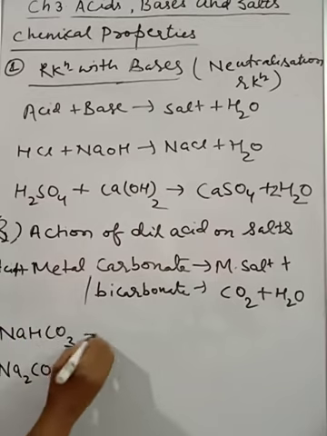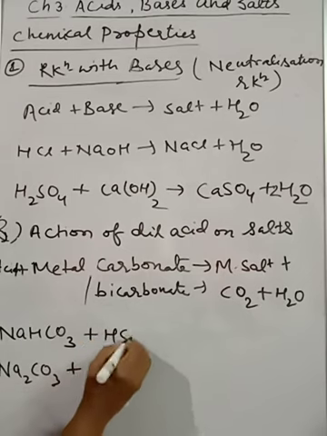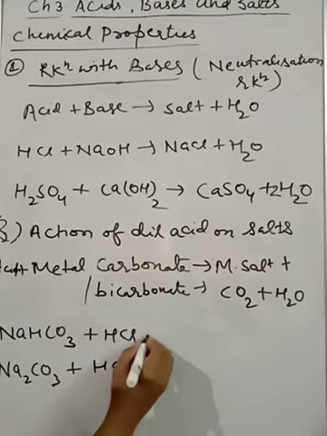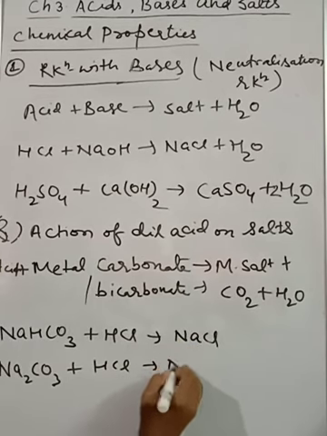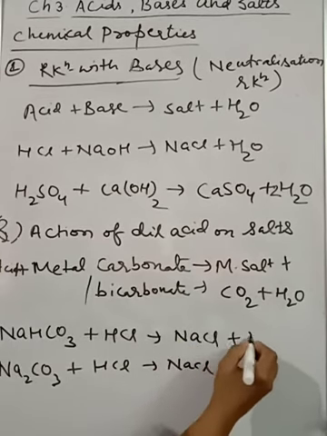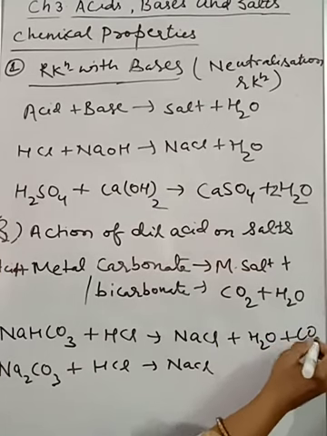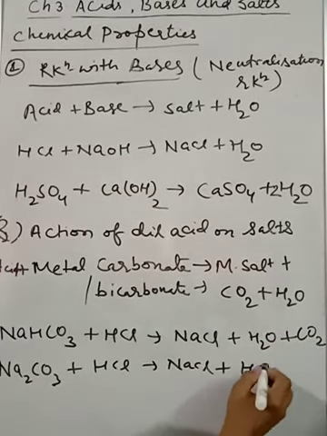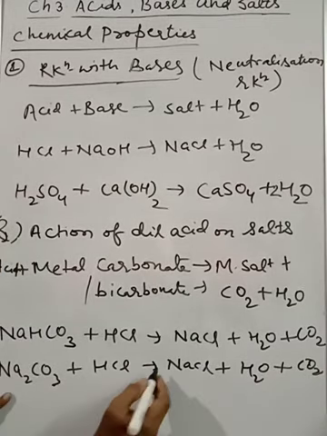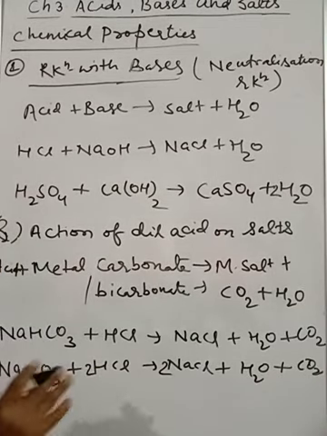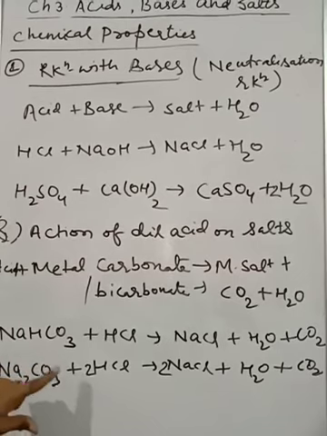Take any one of these two and take HCl. The product will be similar: you will get NaCl plus H2O plus CO2. Only you have to take care of the balancing part. Now I think it must be balanced. If not balanced, you take care of this.